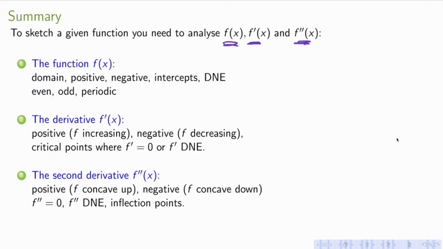The derivative tells you about increasing when the derivative is positive, or decreasing when it is negative, or critical points where f prime is 0, or f prime does not exist. And then finally the second derivative tells you something about concave up if f double prime is positive, concave down if it is negative, or where f double prime is 0 we could have inflection points.